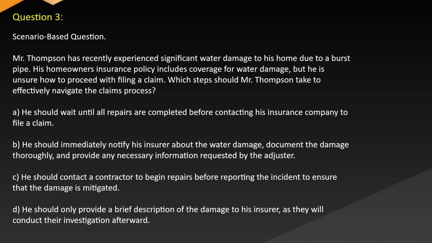B. He should immediately notify his insurer about the water damage, document the damage thoroughly, and provide any necessary information requested by the adjuster. C. He should contact a contractor to begin repairs before reporting the incident to ensure that the damage is mitigated. D. He should only provide a brief description of the damage to his insurer as they will conduct their investigation afterward.